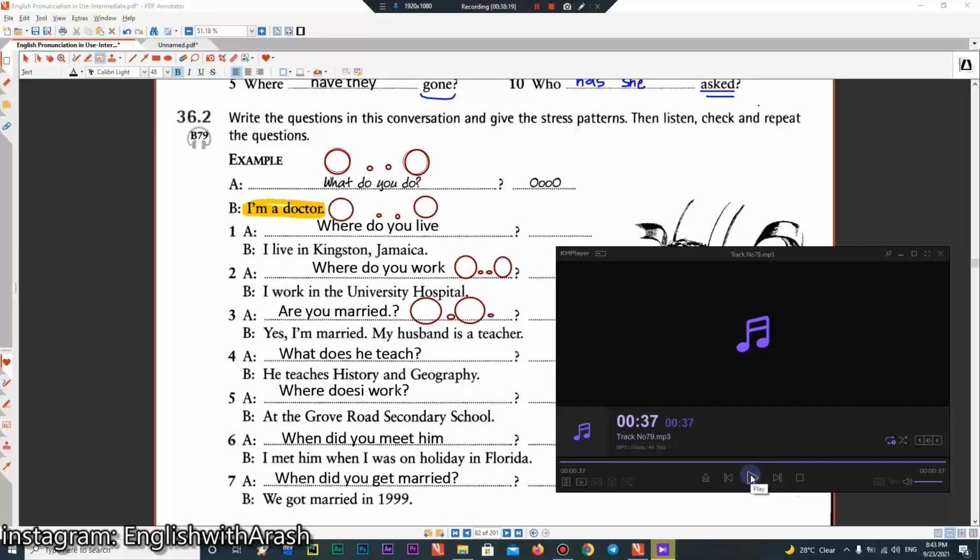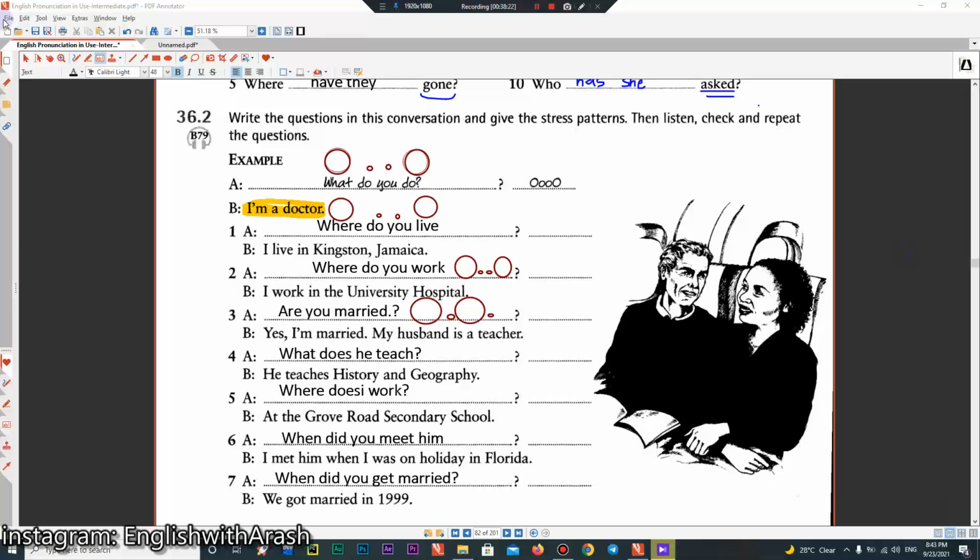So all of them are basically correct. Just this one, again, it's correct, but it said teach here. Where does he teach or work? They're both fine. Where have you met? No, because the answer is I met. The answer is not I have met.